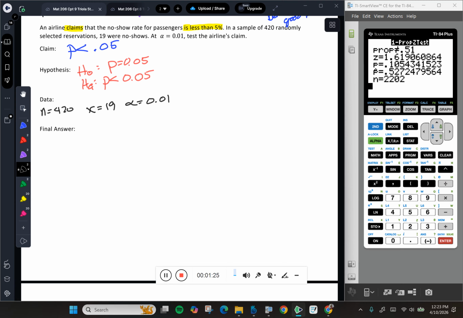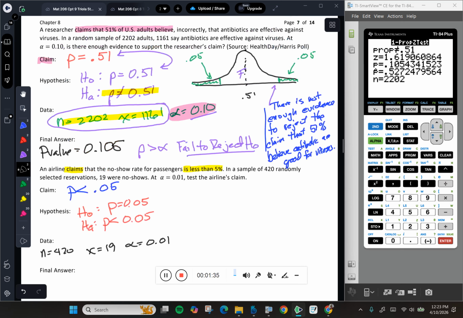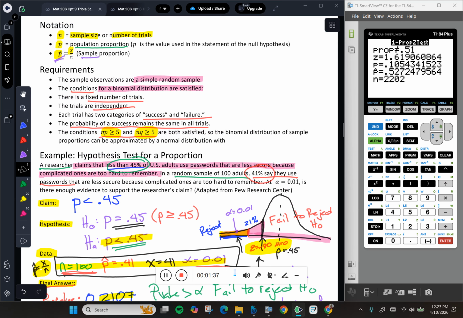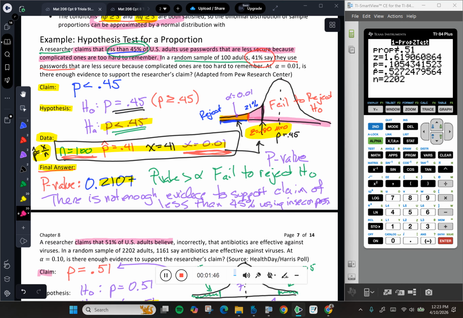Now, I just realized something. In the last two examples I did, I neglected to test to make sure we could do this, and I'm sorry about that, because when I'm doing hypothesis testing, I'm supposed to be checking that my sample is big enough. In both cases the samples were large enough, so I just overlooked it.